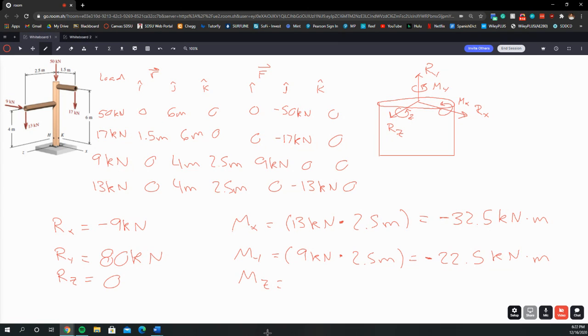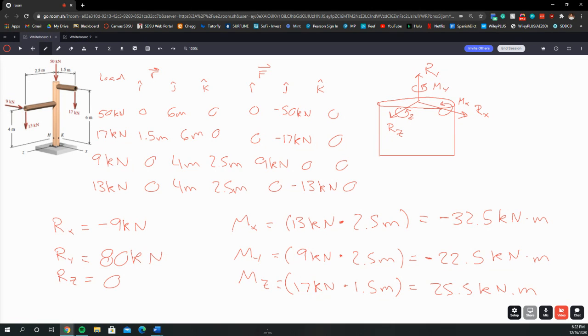Oh, 17 kilonewtons is the only one that produces a moment about Z. So 17 kilonewtons times moment arm 1.5 equals 25.5 kilonewton-meters. And this time it's actually clockwise, so the reaction is going to be counterclockwise, so it stays positive.